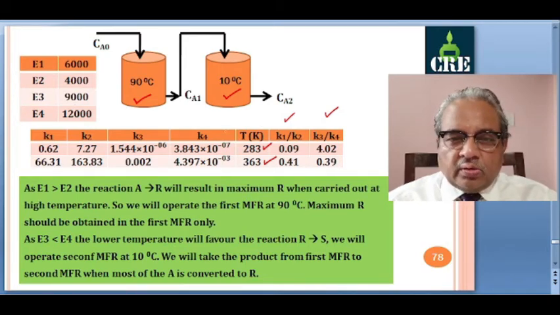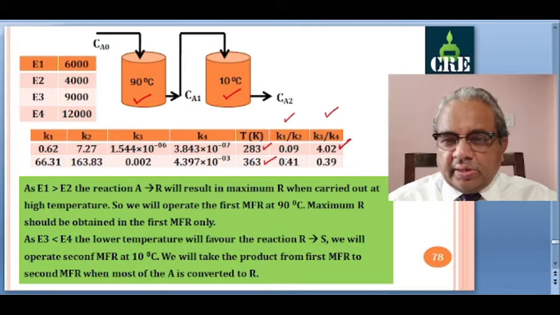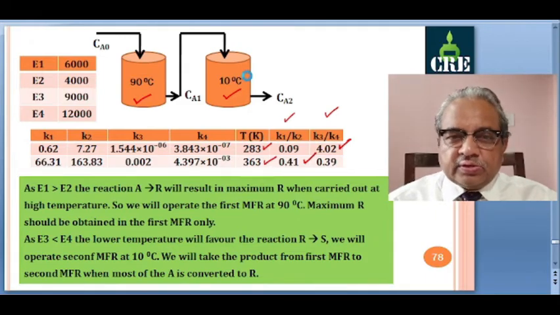At 10 degrees this ratio is more, and at 90 degrees this ratio is more. So the first reaction will be promoted at 90 and the second at 10 degrees Celsius.